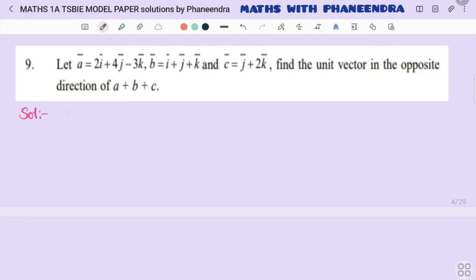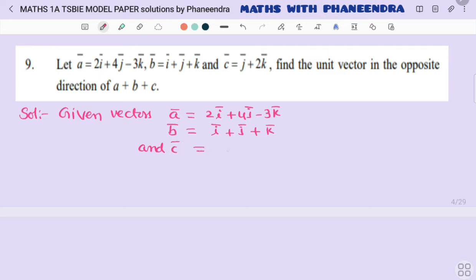First, given vectors: a bar equal to 2i plus 4j minus 3k, b bar equal to i plus j plus k, and c bar equal to j plus 2k.